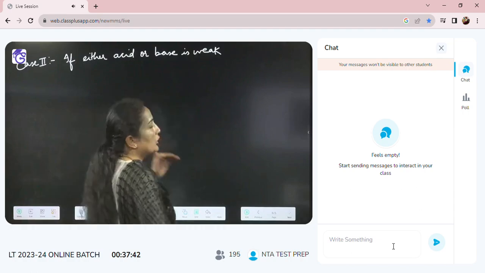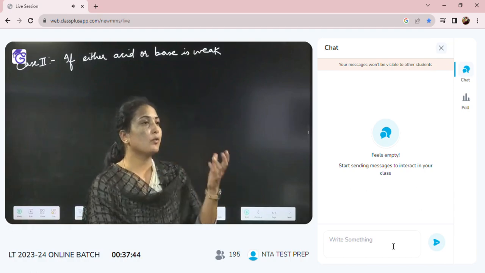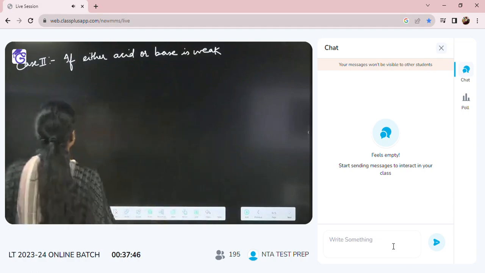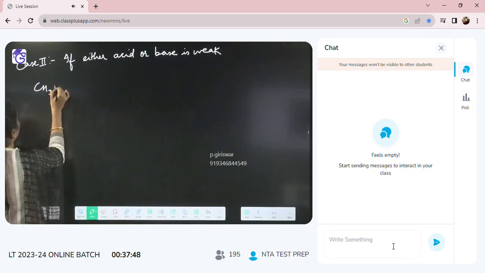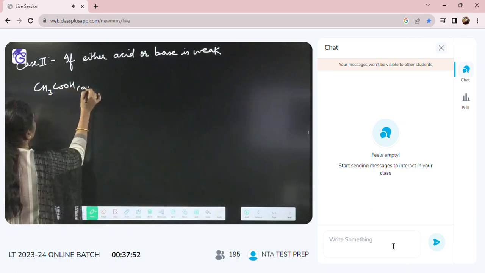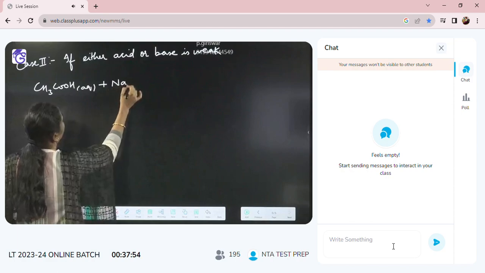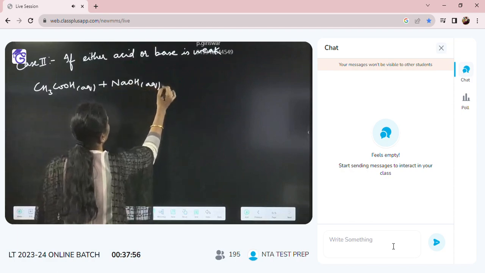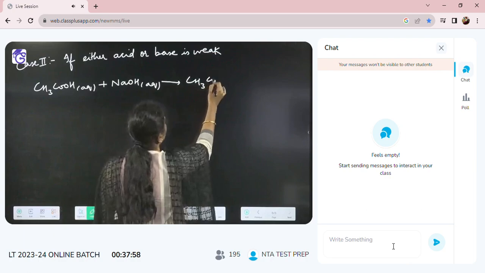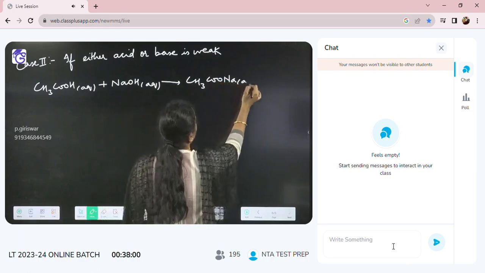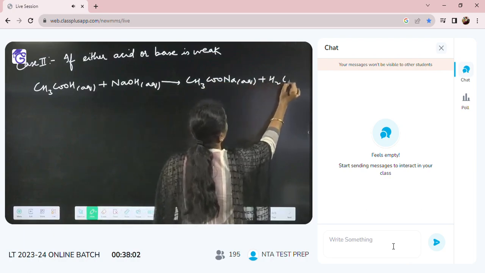Now let us go for the case that if either of them is weak. For example, if I am writing something like this, CH3COOH aqueous plus NaOH aqueous, this will give you CH3COONa aqueous plus H2O liquid.